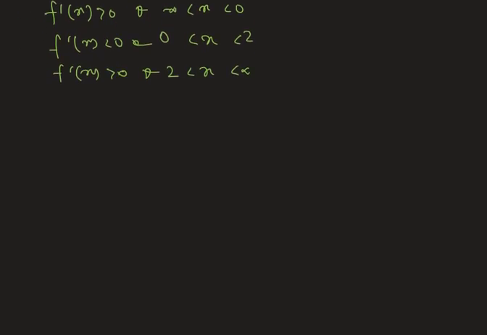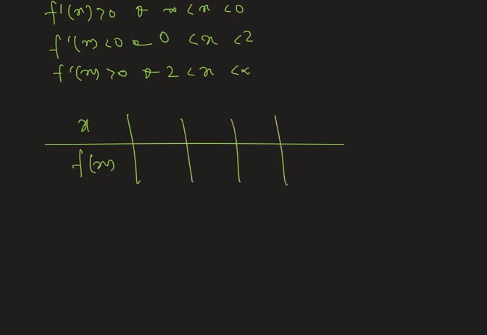Now before starting the drawing of the required graph, we first write the table of values correspondingly for x and f(x). This table helps us to find the pattern in the required graph.